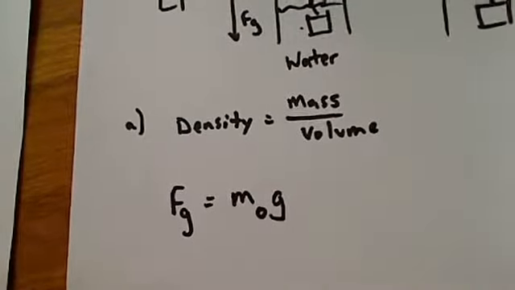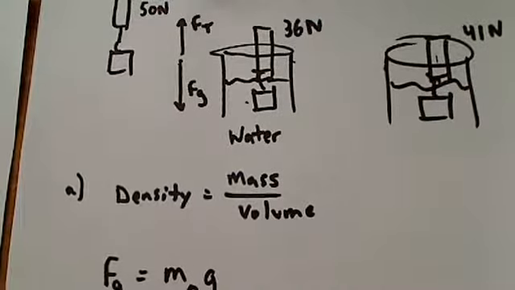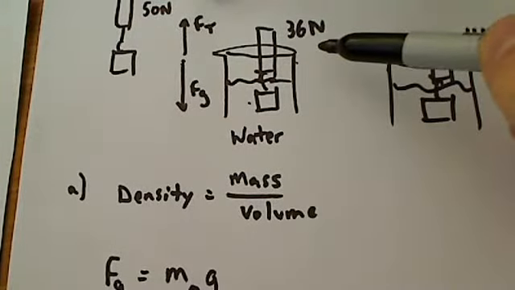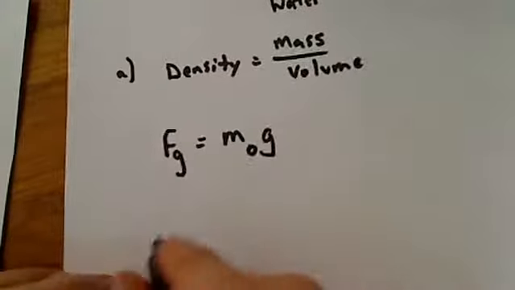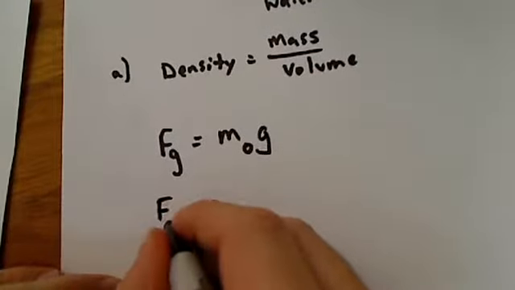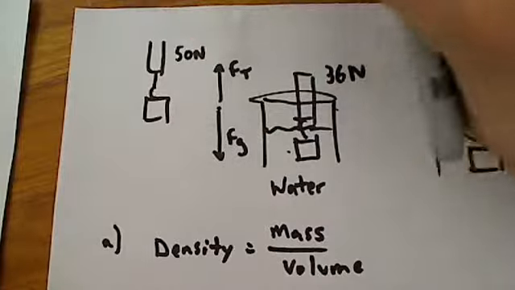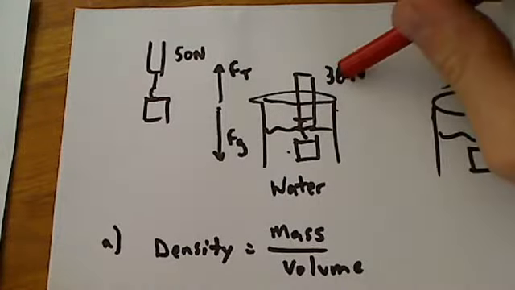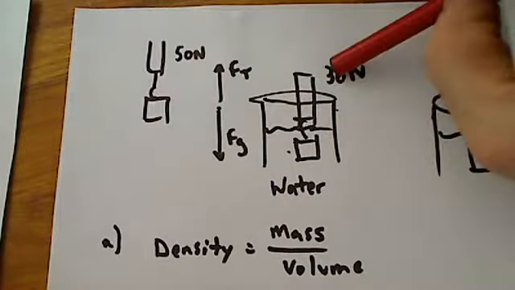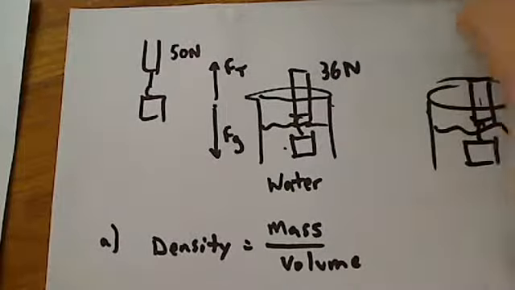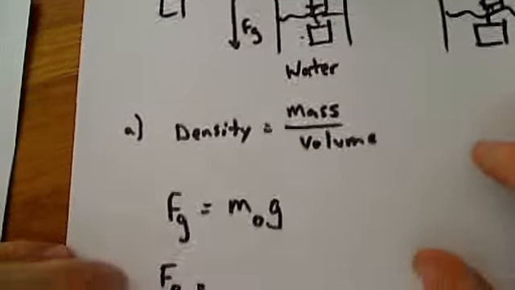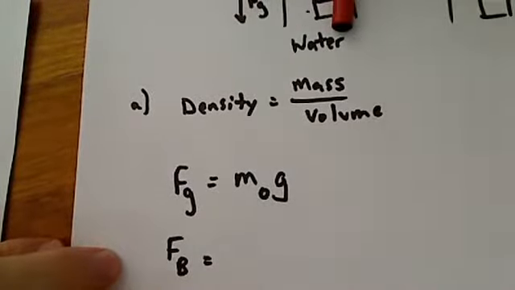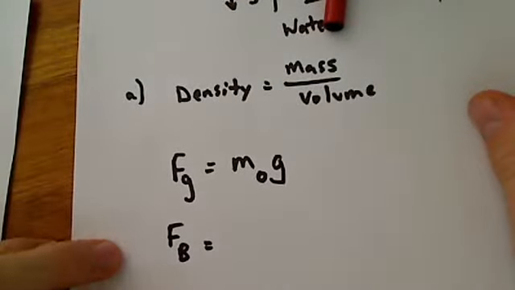Now, let's recall what our buoyant force is. The buoyant force, which in this case is going to be 50 minus 36, the difference in those two, is the weight of the displaced water.